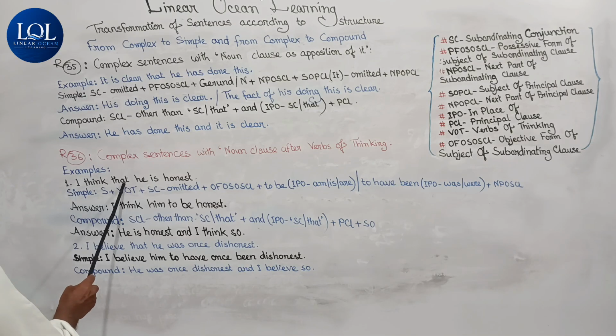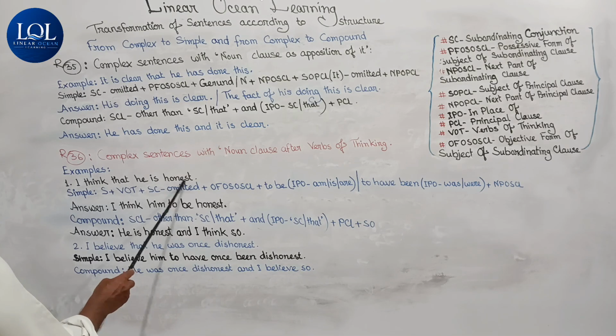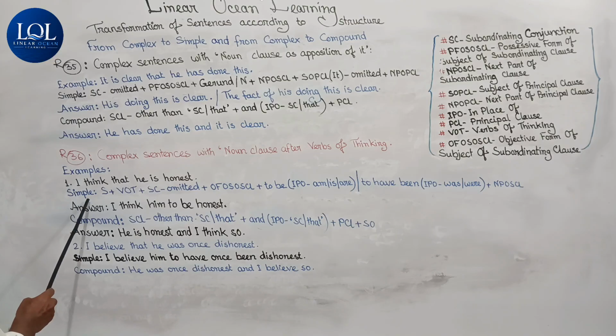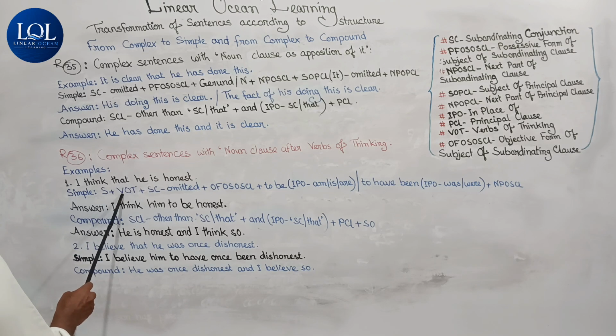Examples: I think that he is honest. If we want to put it into a simple sentence, then we have to follow this one. Subject, here the subject is I, VOT, that means verbs of thinking. Here the verb of thinking is think, plus SC omitted.